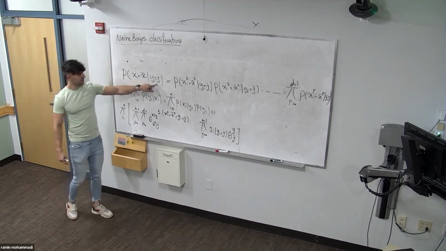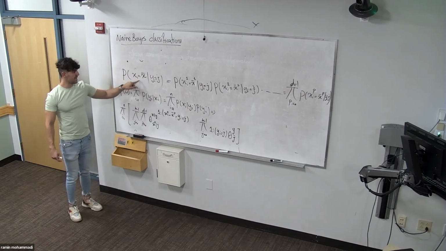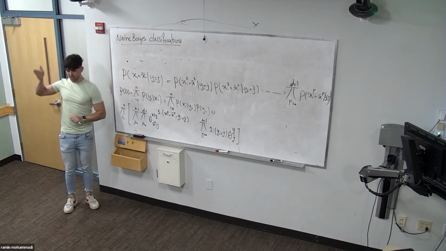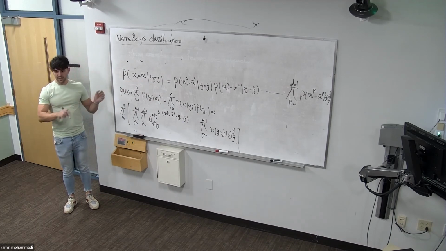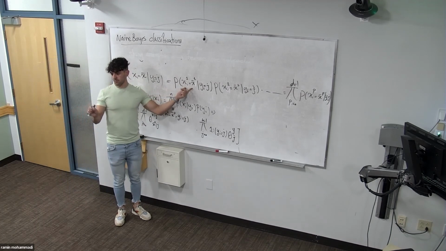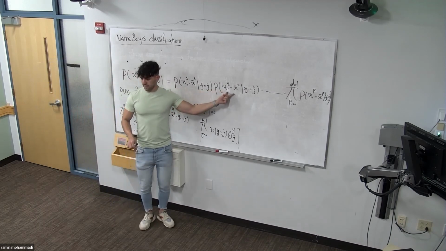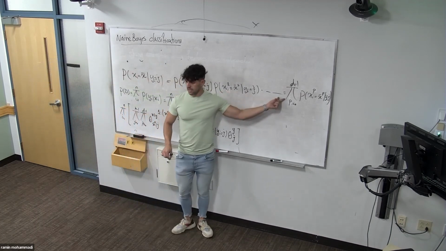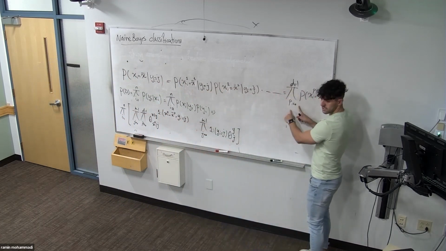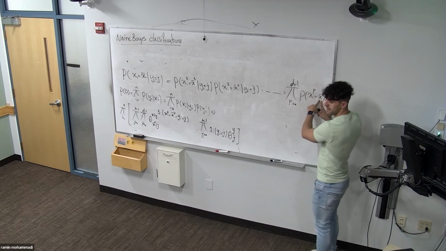Given yi equal j. And we say x bar is no longer x bar because the features are independent. So the probability of x being x bar is the multiplication of the probability of the first dimension getting this value, times the second dimension getting this value, and all the way to the end, right? So that means a multiplication over all the dimensions, each dimension getting a value given the class is j, right?